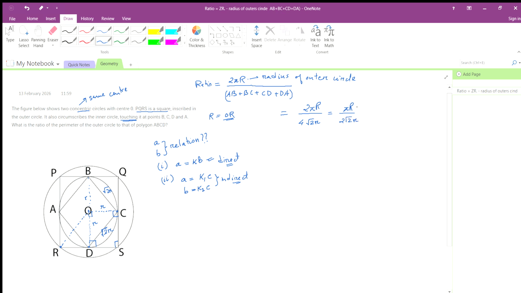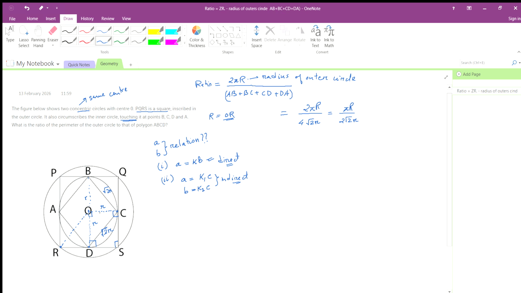Now I need to find the relation between the radius of the outer circle and the radius of the inner circle. Now this is r, this is also r, and all the angles are 90 degree. That means this quadrilateral OCSD is a square, right?